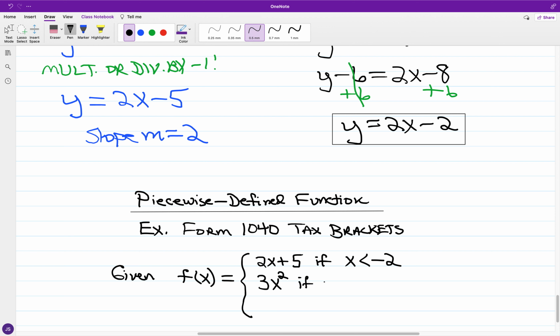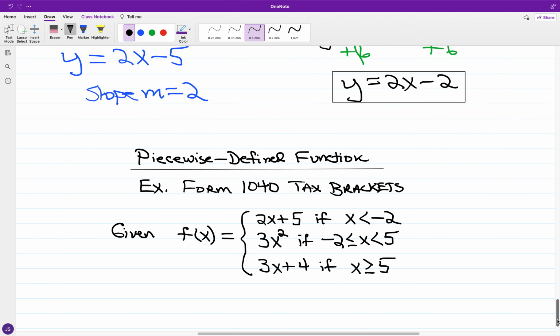If we have that -2 is less than or equal to x, which in turn is less than 5. And let's say if we have something outside of those particular zones, as a third and remaining possibility, we can say that y is equal to 3x plus 4 if x is greater than or equal to 5.